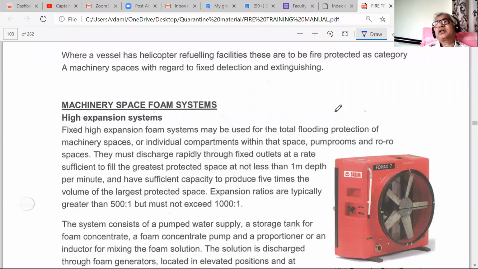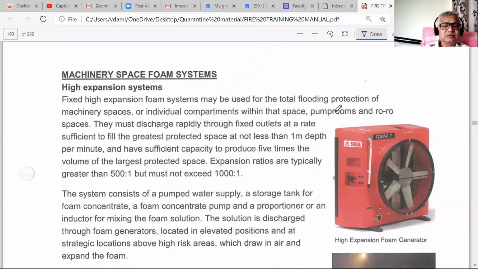Like if you have to protect compartments like Ro-Ro decks and all, basically closed compartments, then you have got a high expansion foam system. Now here you look at the ratio, 500 to 1 up to 1000. It is like when you're washing your clothes, the sort of froth you see on top, that type of froth.